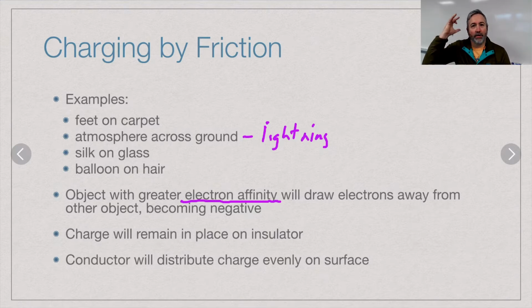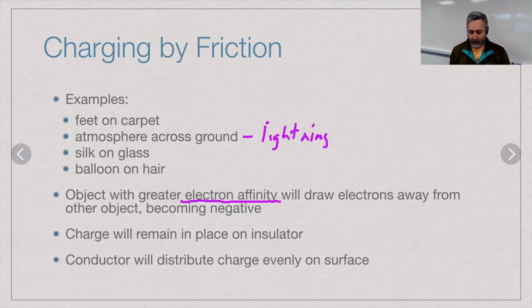Okay, silk on glass, balloon on hair. If you take a balloon and rub it on your hair and stick it on the wall or stick it on the ceiling, it's because the balloon has a greater electron affinity than your hair does. So it pulls electrons away from your hair, and your hair becomes positively charged, the balloon becomes negatively charged, and then it has the ability to attract positively charged objects, or be attracted to positively charged objects like the ceiling.